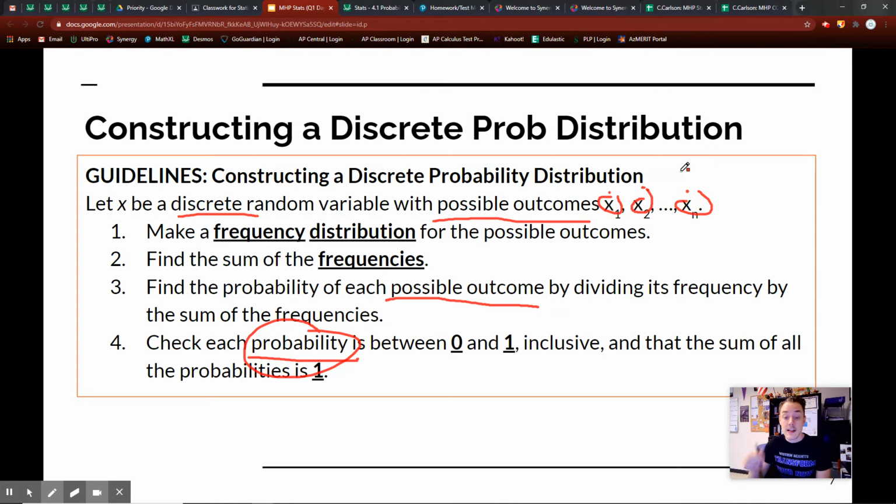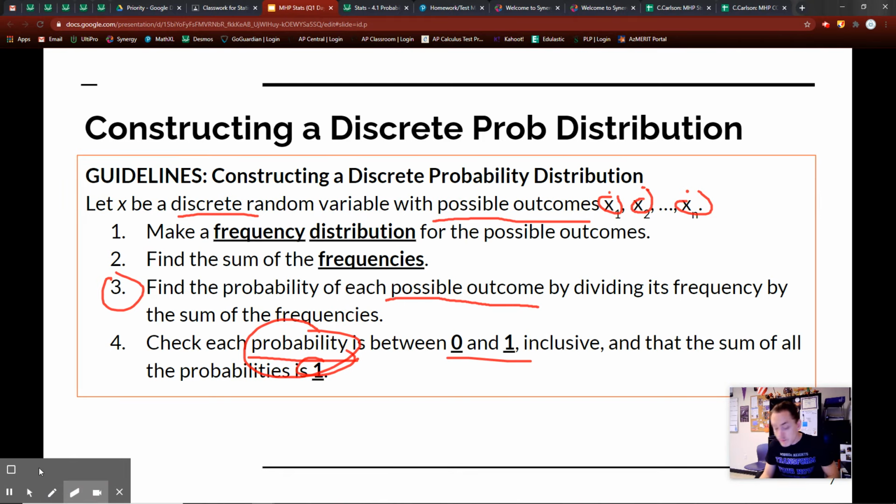I'm going to take that frequency and then, in step 3, divide it by the total sum of the frequencies from 1, 2, and 3. That is how I get probability. So frequency all over the total. That's literally what the probability is. Of course, it has to be between 0 and 1, and it has to total 1 after I'm done.